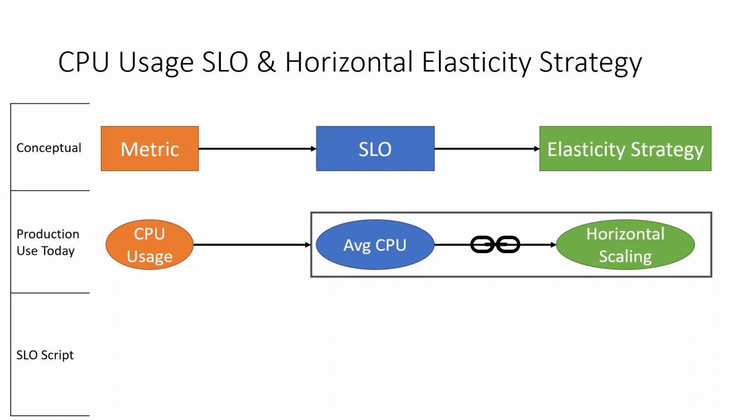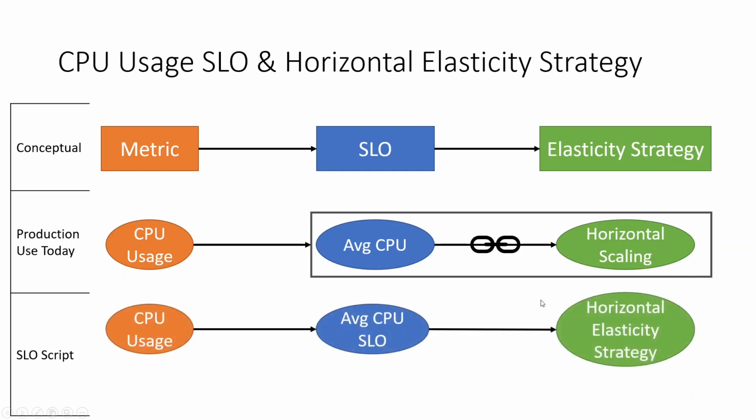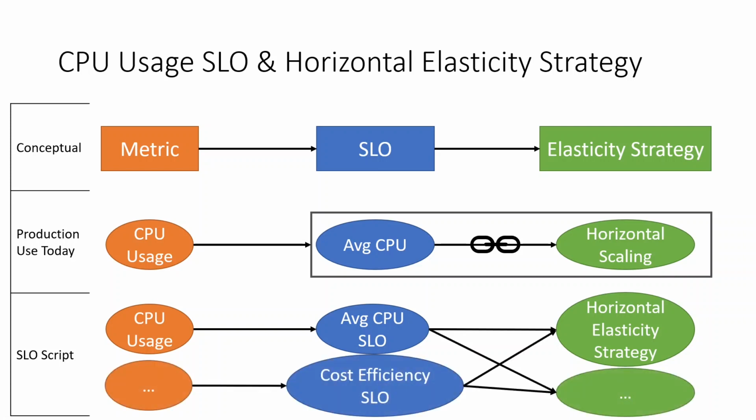And with SLO script, we want to tackle this problem. So we want to make sure that we get rid of this surrounding box and this hard link here so that you can have a very loose coupling between SLO and the elasticity strategy. So if you want, you can take a different SLO, such as cost efficiency, and plug that one into the horizontal elasticity strategy.